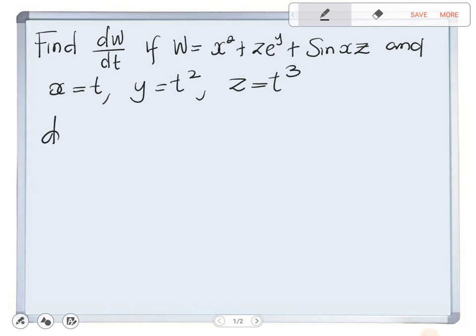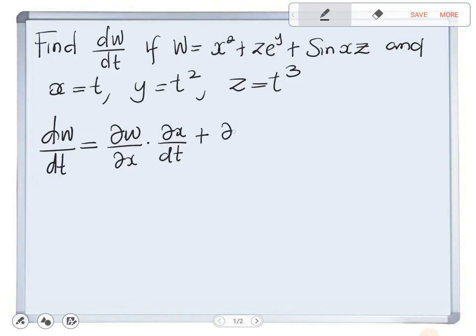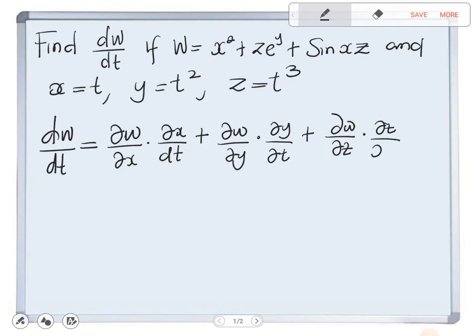So we have dw/dt. This will be equal to the partial derivative of w with respect to x first, multiplied by the derivative of x with respect to t, plus we differentiate w with respect to y, then we differentiate y with respect to t, plus we differentiate the function w with respect to z, then we differentiate z with respect to t.